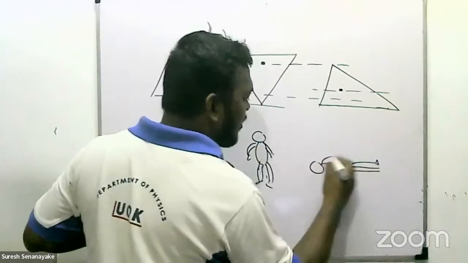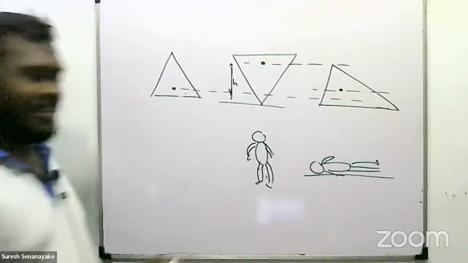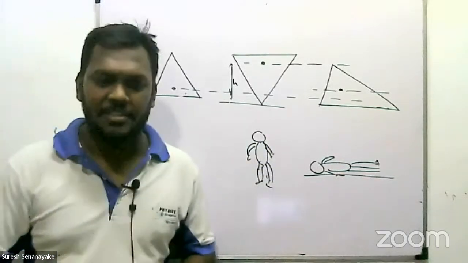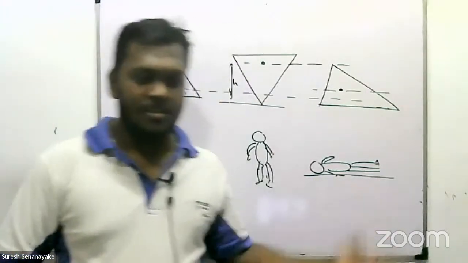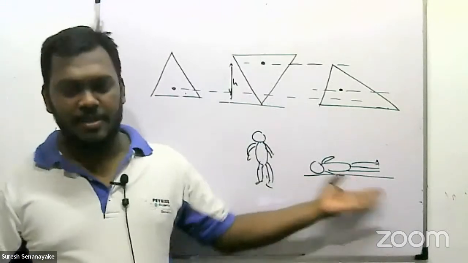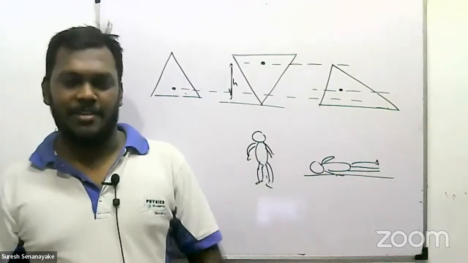Sleep. In this case the center of gravity is much above, so it's unstable. So you always like to sleep, because lesser potential energy makes you stable.